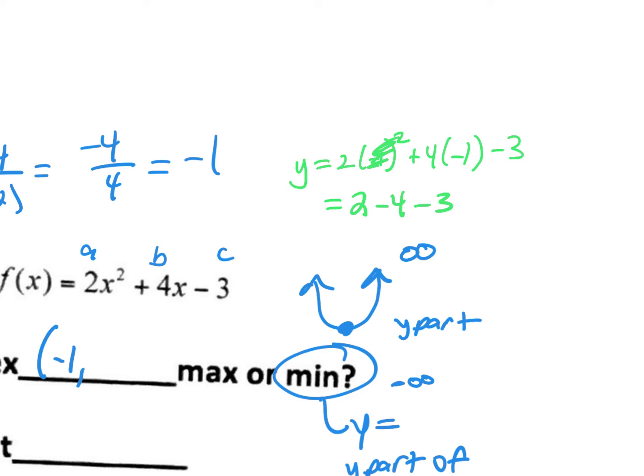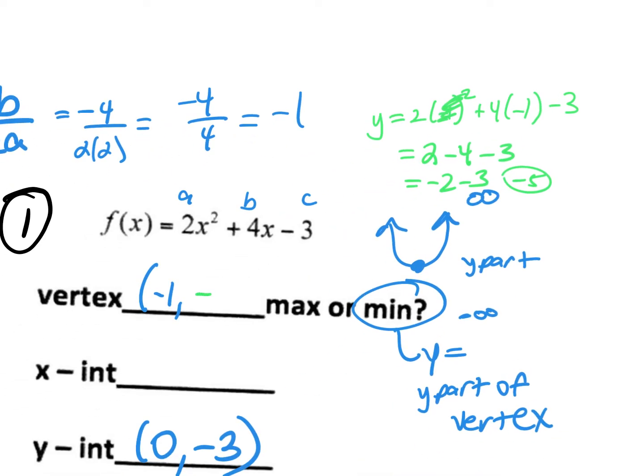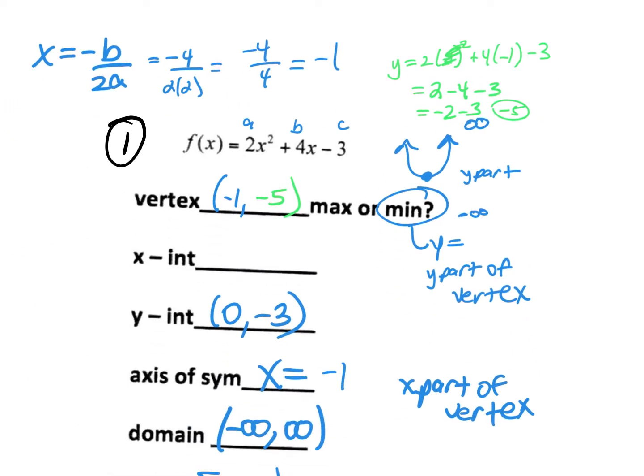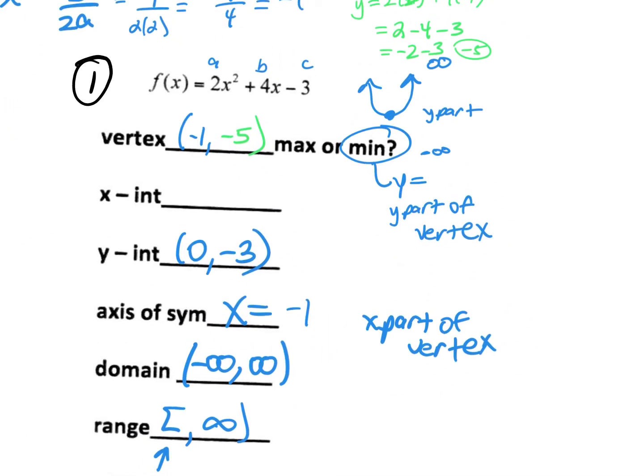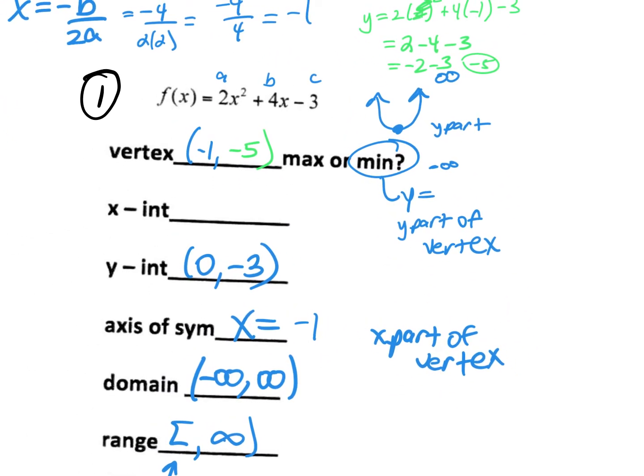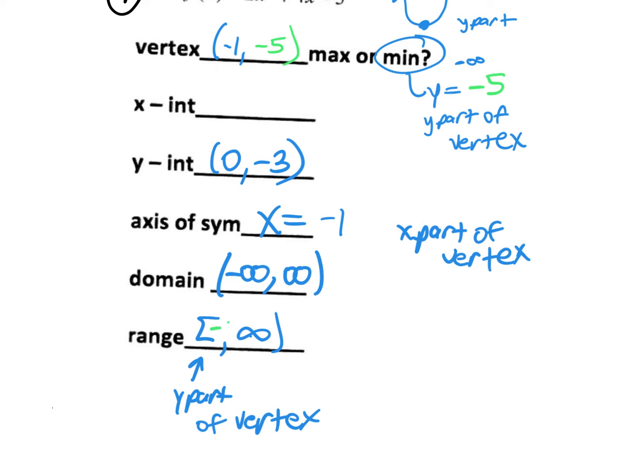We add and subtract left to right. What's 2 minus 4? -2 minus 3 is -5. So the y part of my vertex is at -5. Hold on one sec. So I know I have a minimum or a maximum. You guys told me it was a minimum, right? At y equals -5. My range is from -5 to infinity.